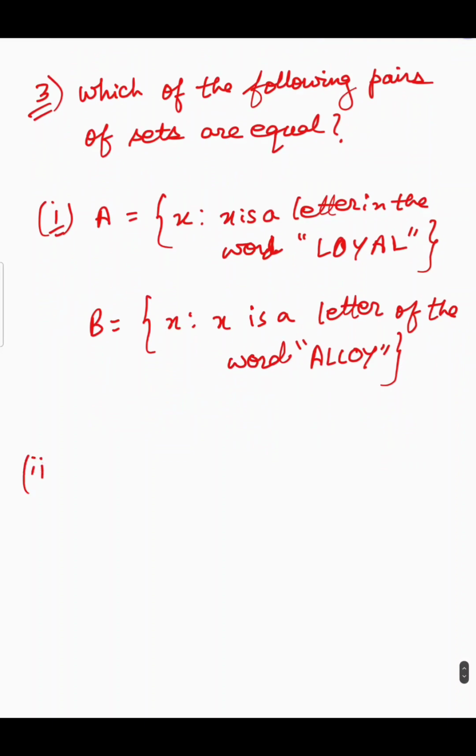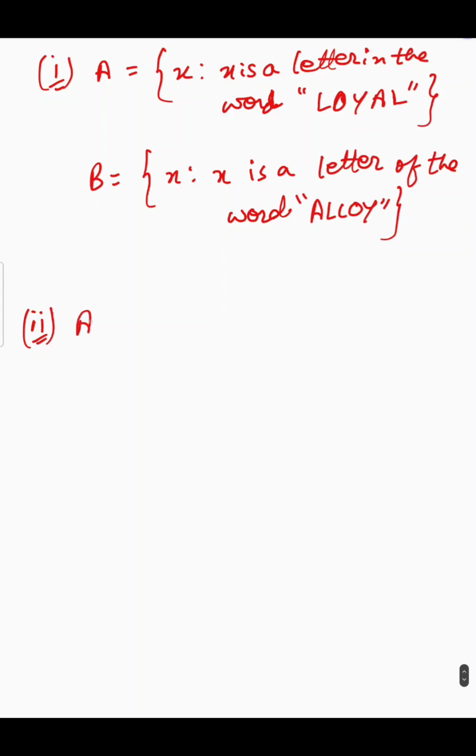And second part, set A is equal to the set of all x such that x belongs to Z and x squared is less than or equal to 8.